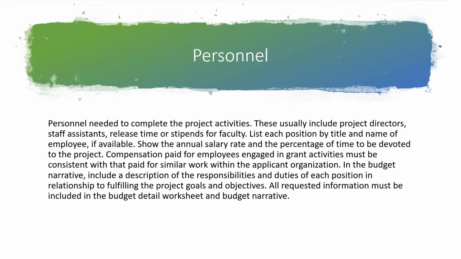In the budget narrative, include a description of the responsibilities and duties of each position in relationship to fulfilling the project goals and objectives, right? So in other words, why does this person need to be paid? Because they're going to be doing certain activities that are central to making sure your study can happen. All requested information must be included in the budget detail worksheet and budget narrative.